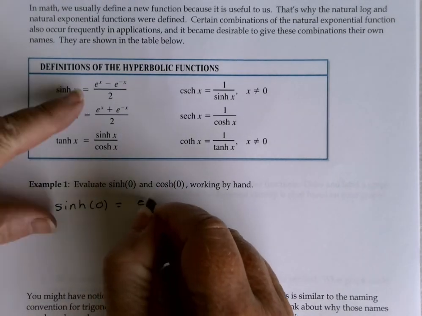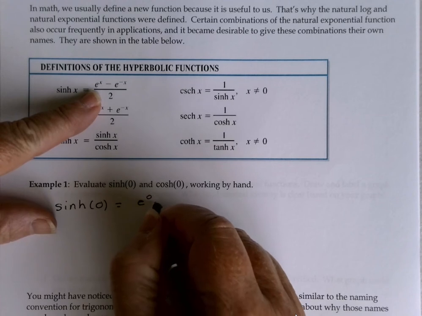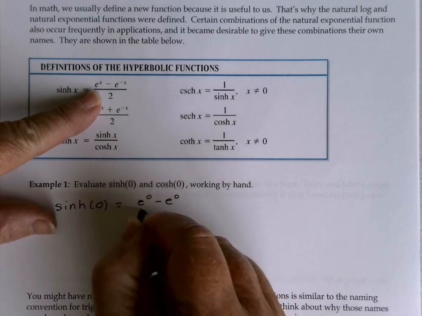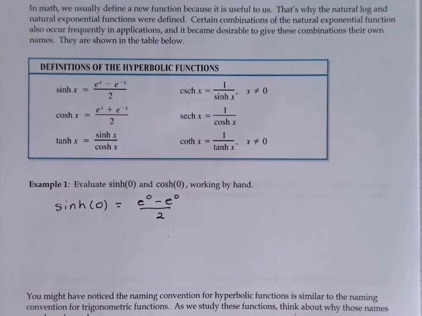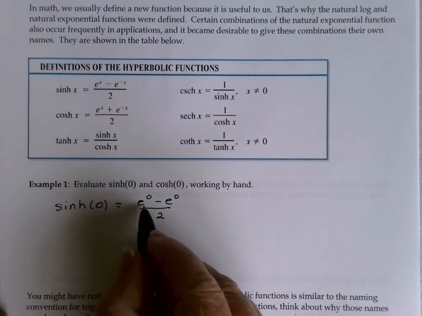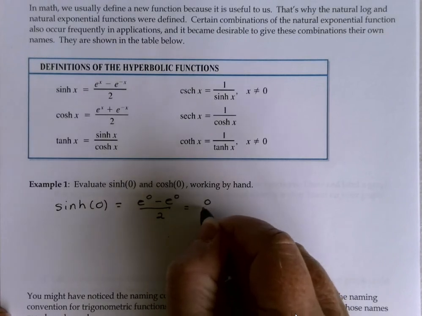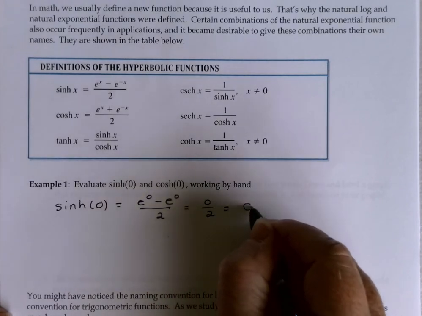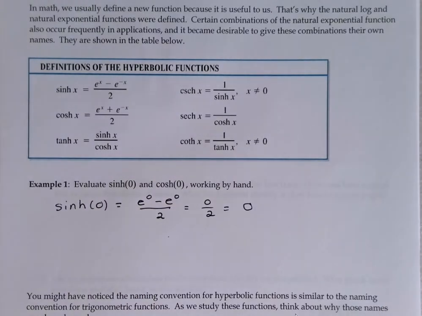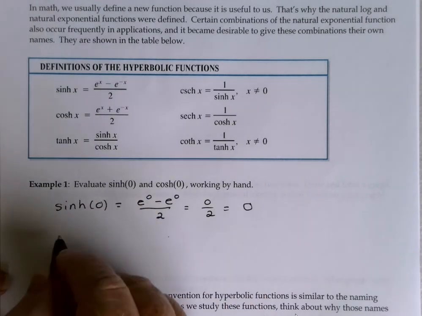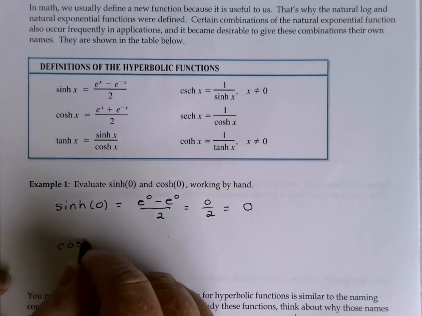Hyperbolic sine of 0, if I just plug 0 into my function, would look like that. And of course that's 1 minus 1, or 0 on the top, giving me a value of 0 for the hyperbolic sine of 0. How about the hyperbolic cosine of 0?